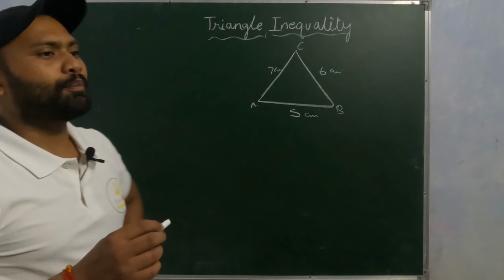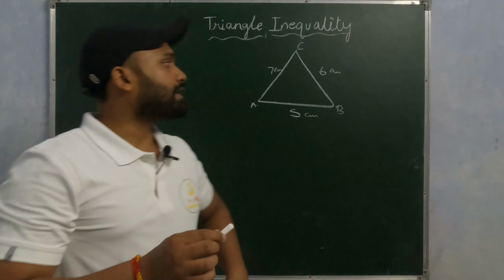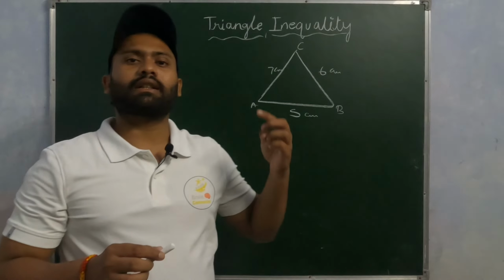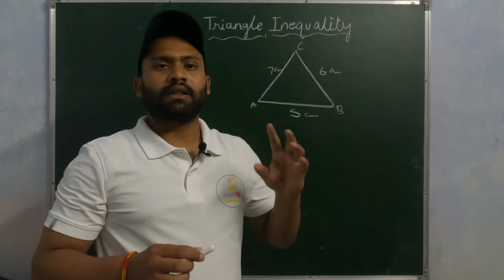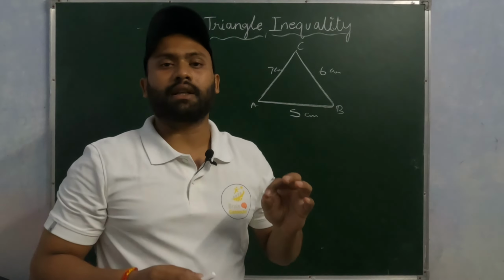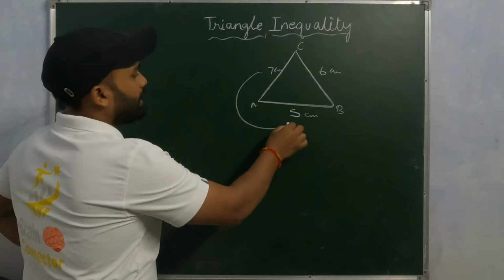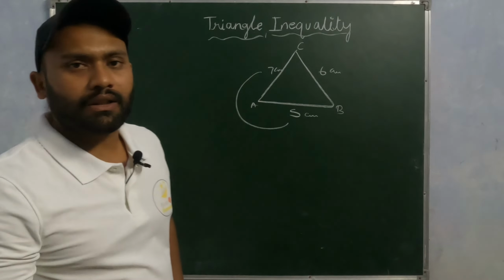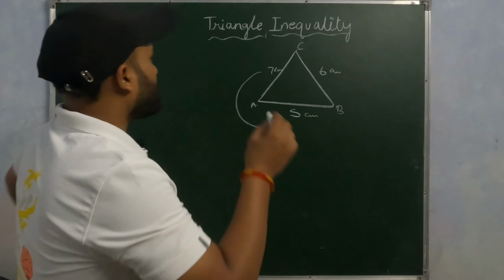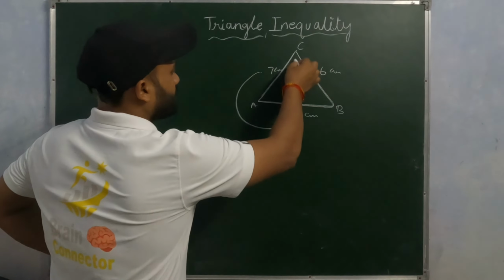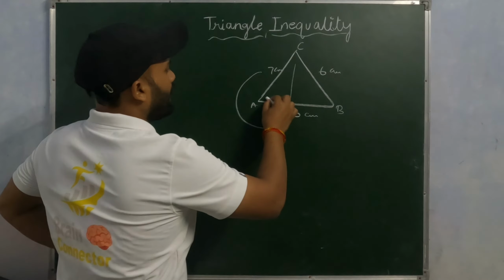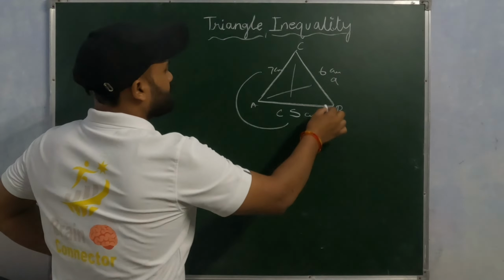Okay, so the theorem is that the sum of two sides is always greater than the third side. This is the property of the inequality. It means that if you add any two sides, then the sum will be greater than the third side. Okay, so we write it like this: suppose this side is small c, this side is small a and this side is small b.